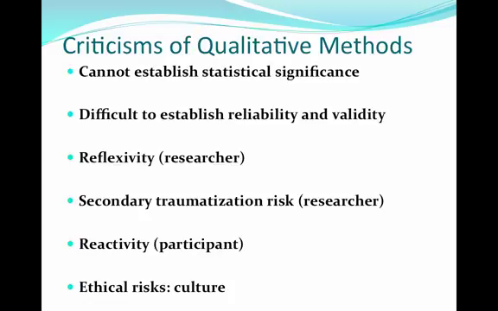There is also a danger of the researcher experiencing secondary traumatization, especially conducting and listening to conversations or making observations, researching interpersonal violence, etc. Also, in many types of qualitative research, the participants are well aware of the presence of the researcher. This awareness may alter the natural course of behavior of the participants, and this is called reactivity.